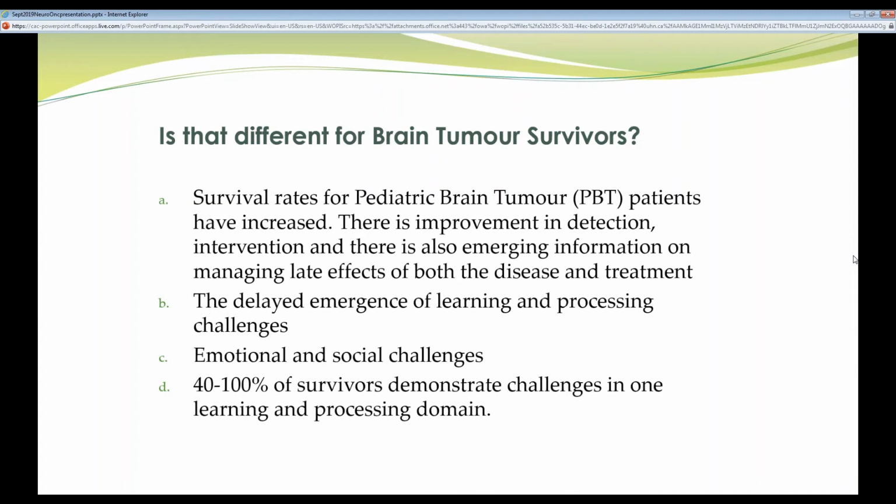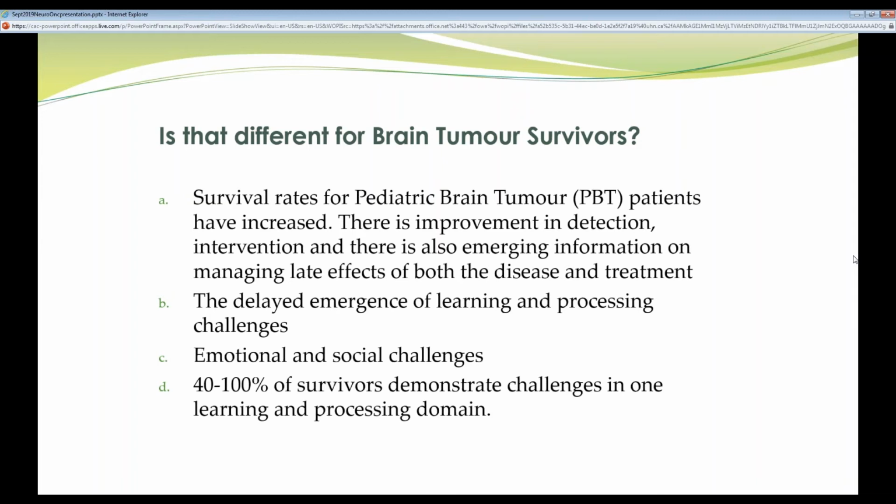So if we look at the survival rates for pediatric brain tumor patients, they've definitely increased. There are incredible improvements in detecting, intervening, the medication, the radiation. But what is true is that there's new research reporting that there are learning and processing challenges, and we'll get into that a little bit.